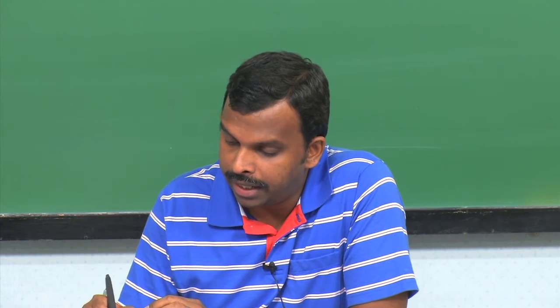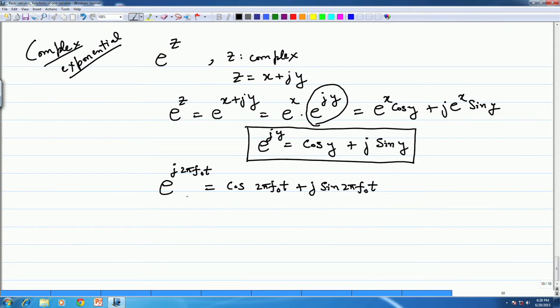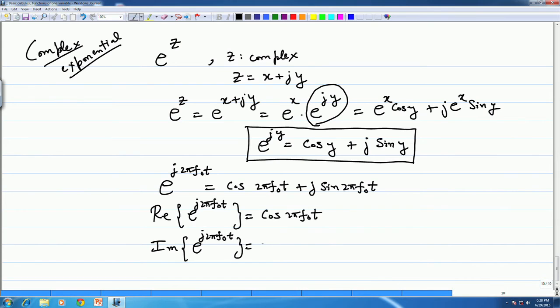And this identity is quite important, and you can see that the real part of e power j 2 pi f naught t is actually cosine 2 pi f naught t, and the imaginary part is sine 2 pi f naught t. Okay. So, these are important identities which you should be comfortable with, and it will show up quite often in this class.